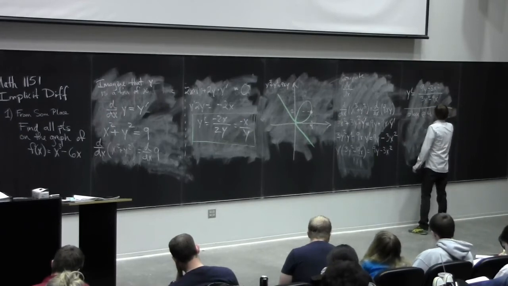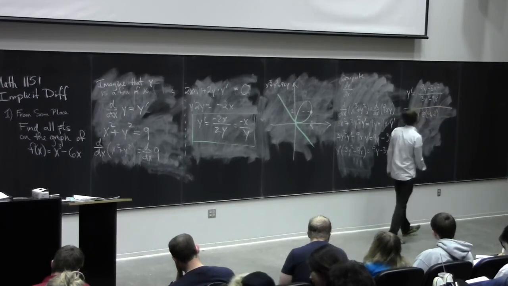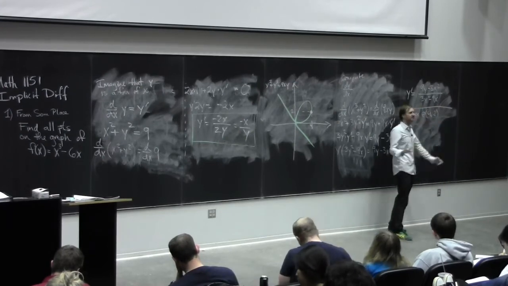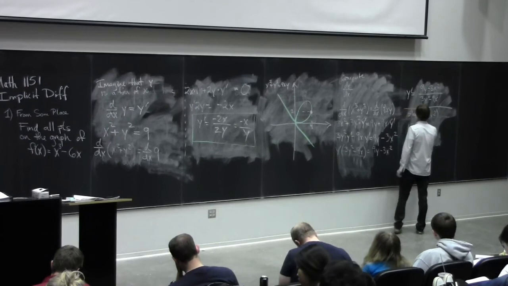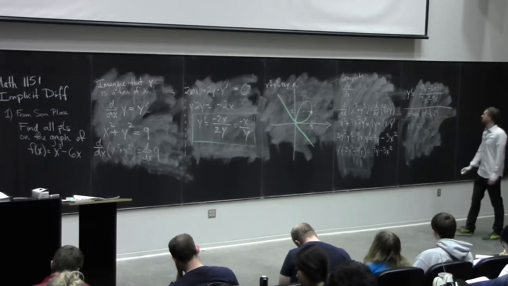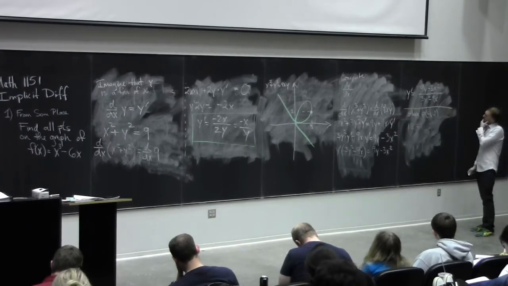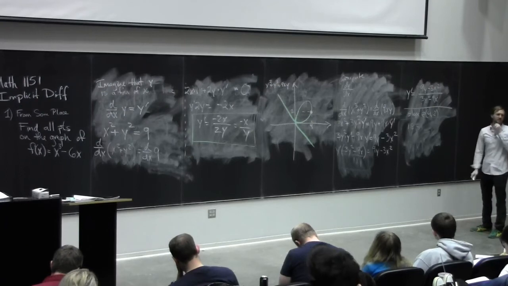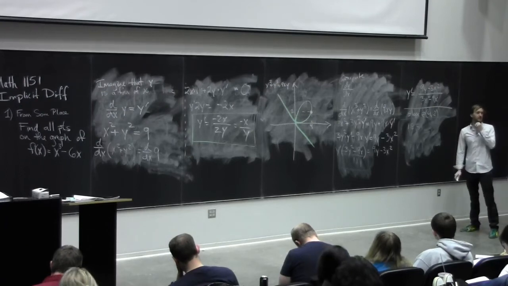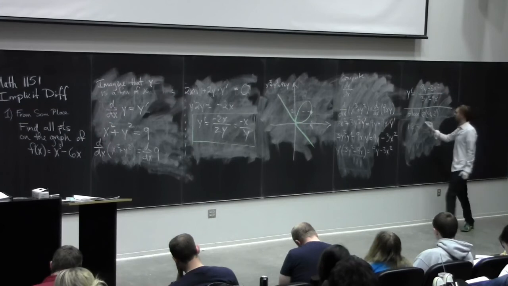at (4, 2) is, let's see, 9 times 2 is 18, minus 3 times 4 squared. 4 squared is 16. What's 3 times 16? 48, is that right? 48, okay, great.